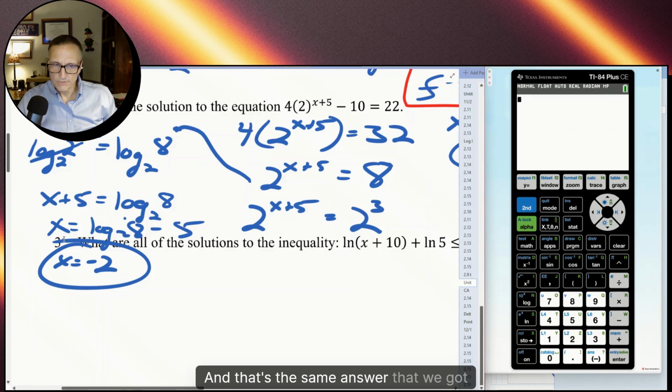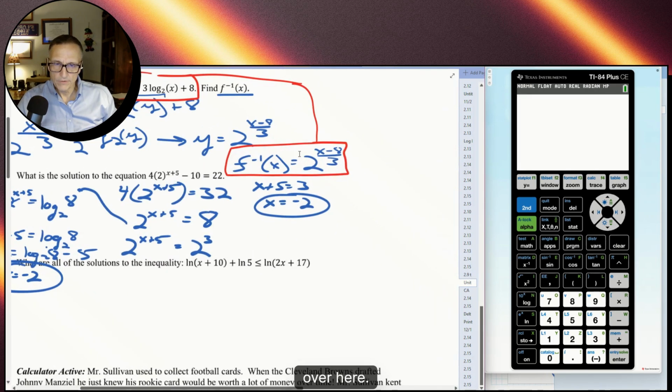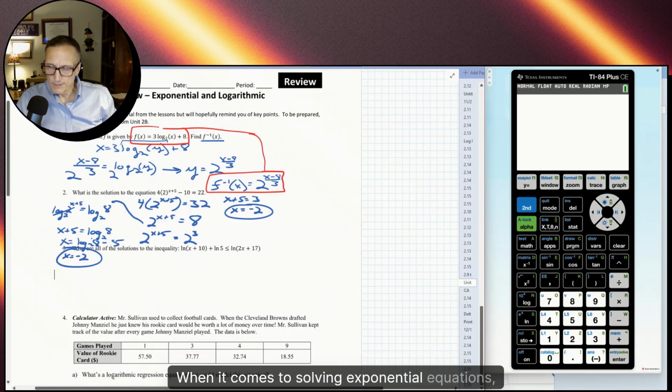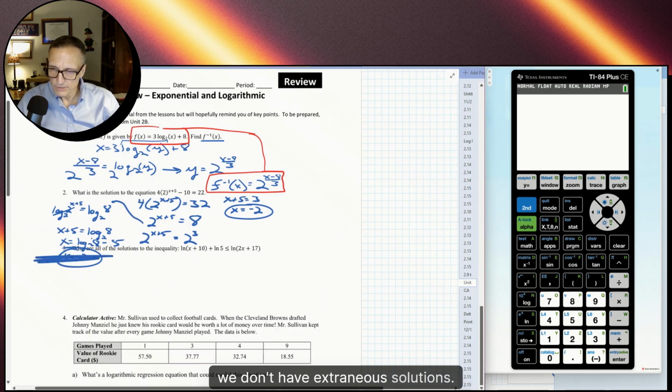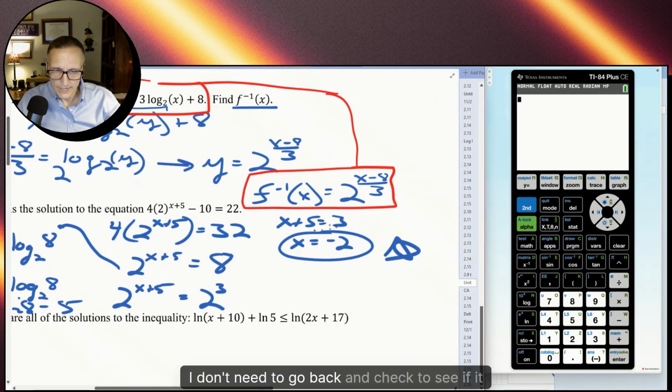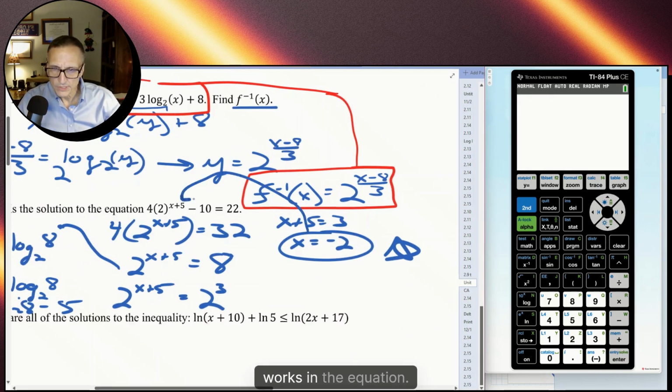And that's the same answer that we got over here. So that is my answer. When it comes to solving exponential equations, we don't have extraneous solutions. So when I get this answer, x equals -2, I'm done with the problem. I don't need to go back and check to see if it works in the equation.